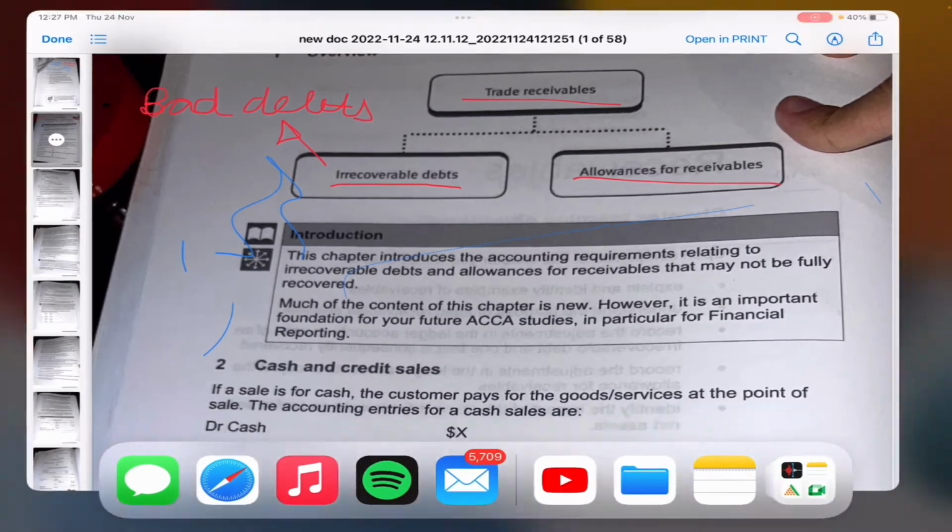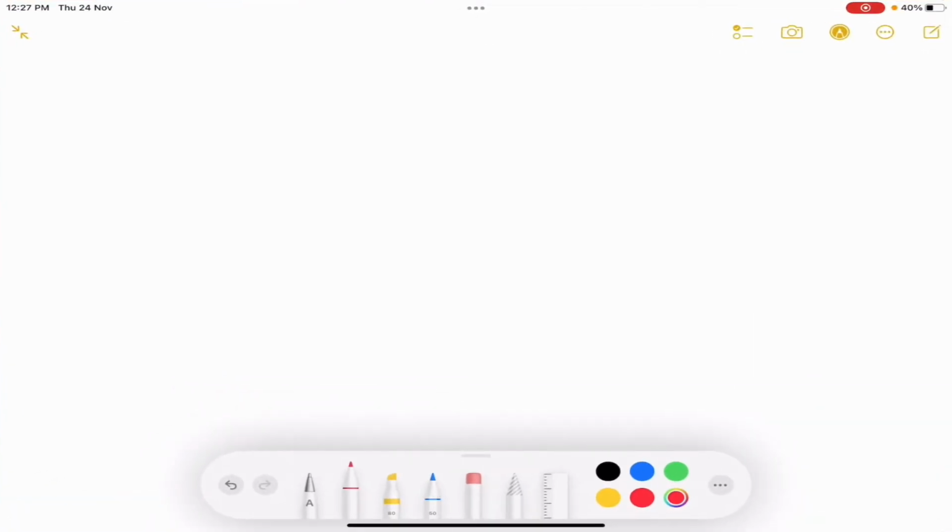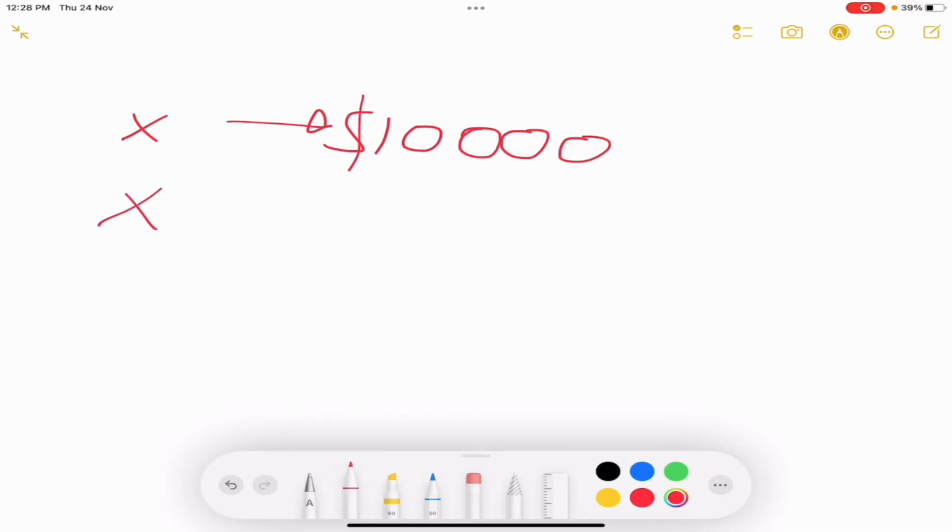If you think about it, let's say we have receivables. We have a company X. Company X took a credit sale from us. We made a credit sale to company X of, let's say, $10,000. And it's a credit sale, so they will probably pay us after a while, right? Now company X became insolvent.